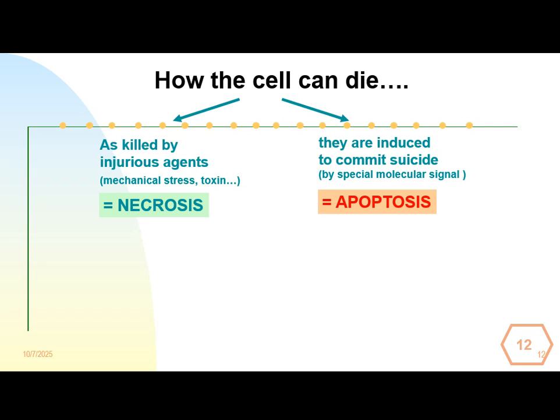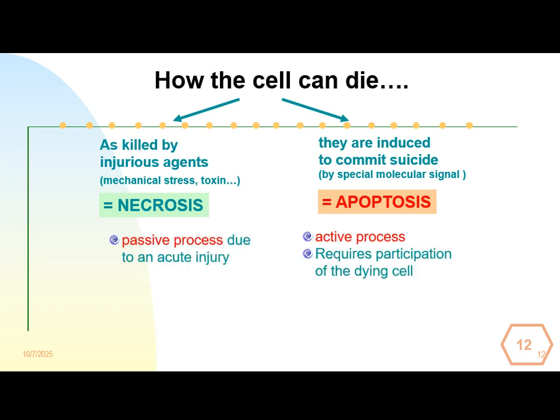Necrosis is usually killing by injury or outer force, and apoptosis is something committed by the cell. One is a passive process, one is an active process. Passive process means this cell does nothing, just standing there.